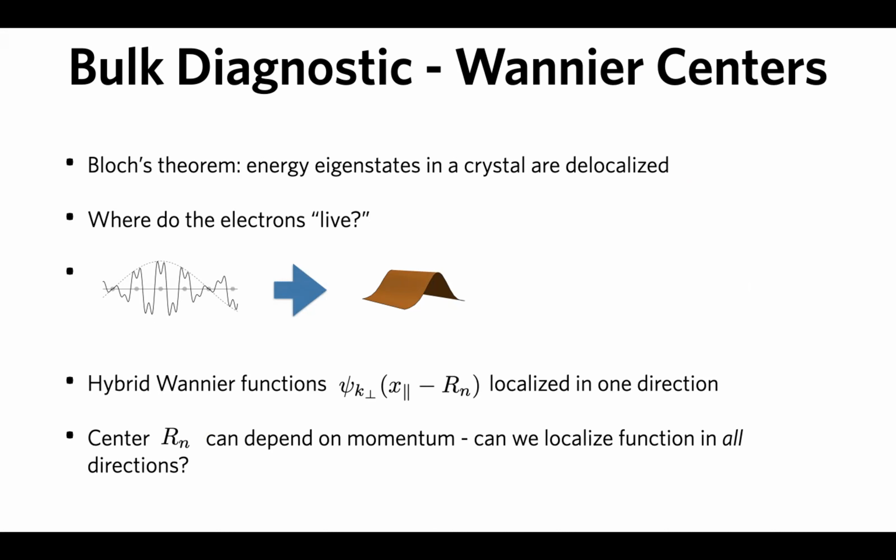And the center Rn can actually depend on this perpendicular momentum. In boring, topologically trivial systems or atomic insulators, atoms don't really talk to each other. Everything's flat as a function of momentum. I would expect these centers to all be basically around the same point.